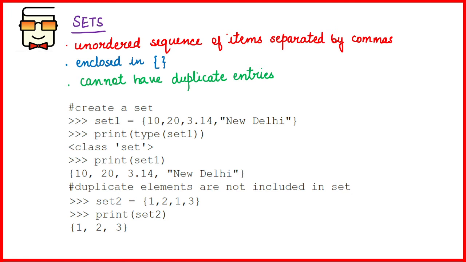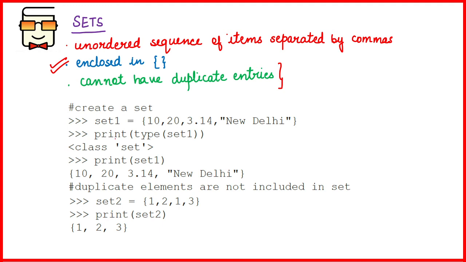Okay. Now we come to the data type called set. Now, as you might have studied in maths, a set is a unique collection of elements. Okay. So a set contains multiple elements. Again, each element is separated by a comma from other elements. However, a set is enclosed in curly braces and it cannot have duplicate entries in the Python programming language.